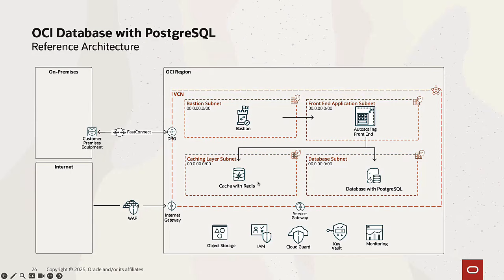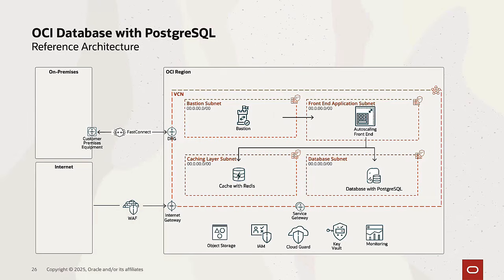The data that changes often goes back into Postgres. So these two work very well together, and in this case they each live in their own subnet. You'll have your front-end application subnet that can auto-scale based on the traffic coming in, and that communicates with your back-end database.